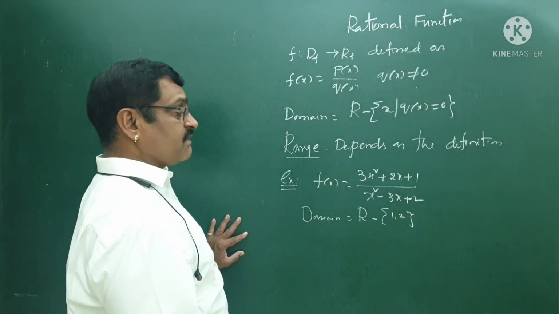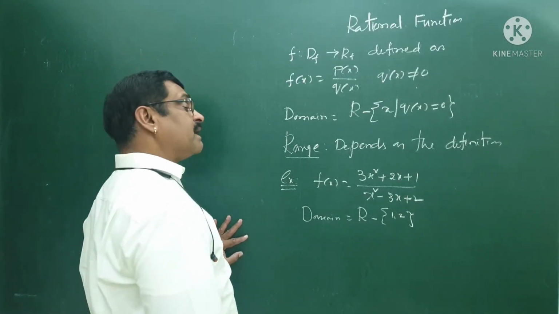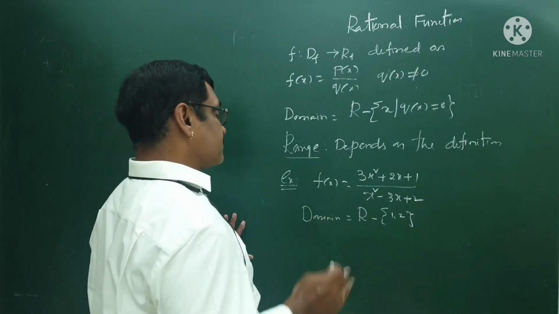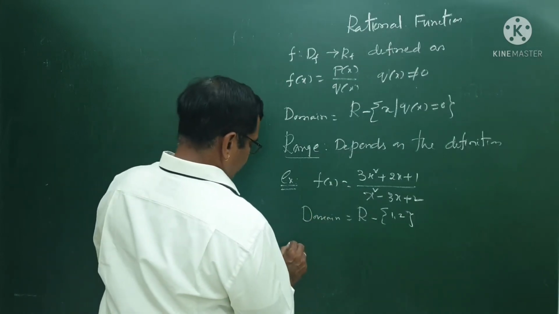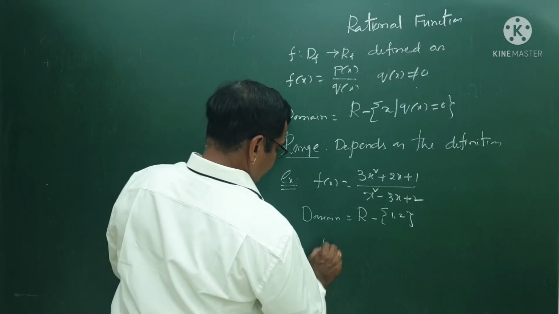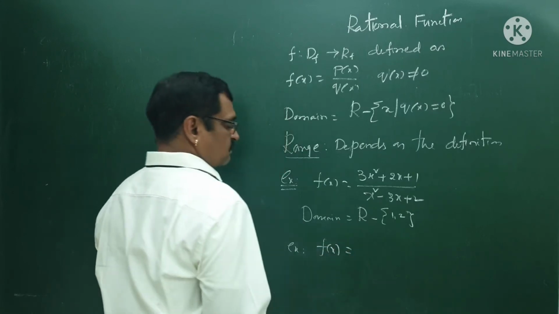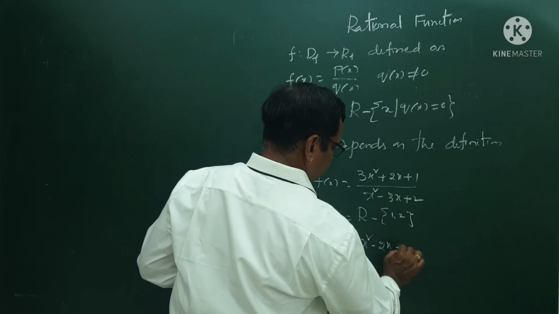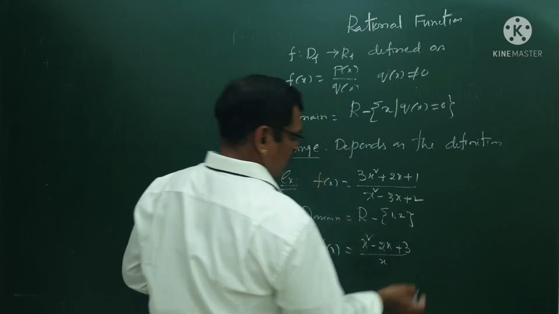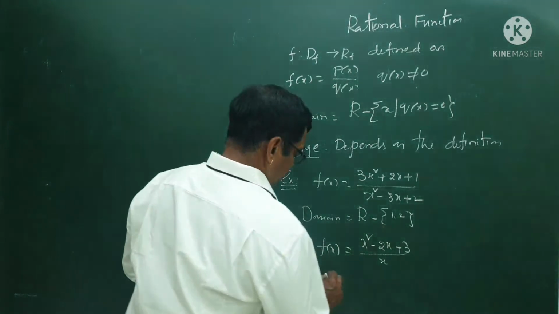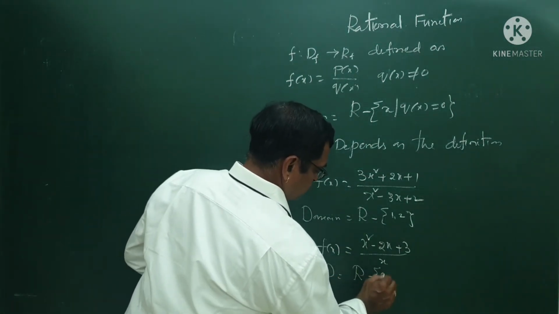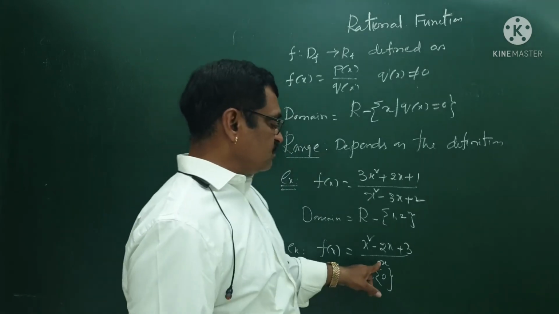At this stage we don't know the range, but I will explain it when I am touching the differentiation part. One more example: f of x is equal to x square minus 2x plus 3 upon x. Here the domain is nothing but R minus 0, because you cannot substitute 0 here.